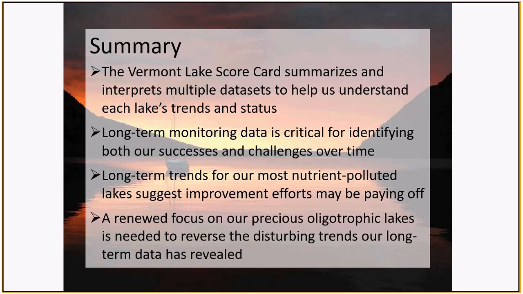But we know that all of our lakes have been impacted by the mercury deposition, and that's why we score virtually all the lakes in the state as in fair condition for this, because especially certain fish species that we know accumulate mercury the most could be compromised, and people should be cognizant of that.